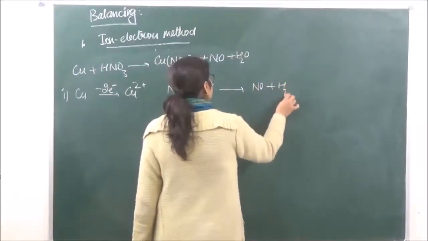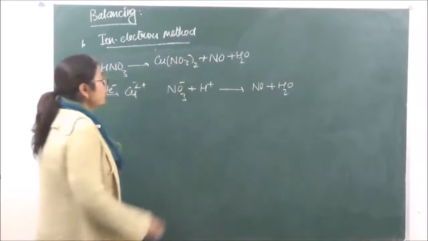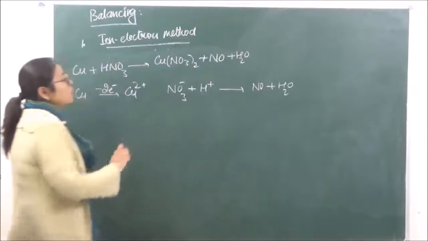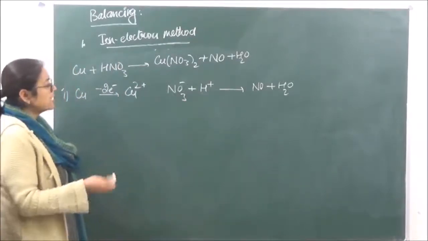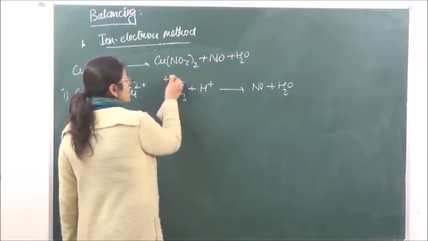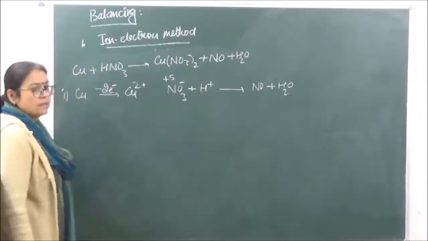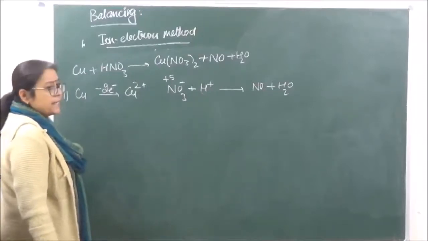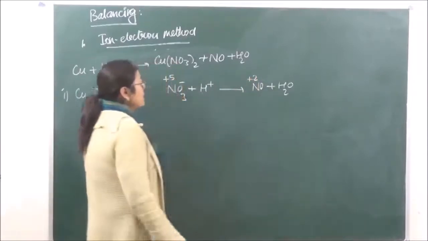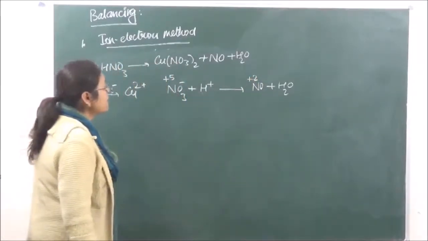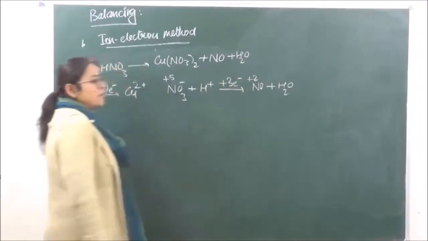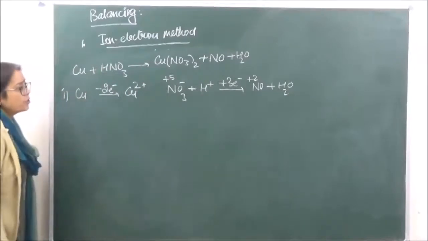Now over here, let's say how many electron exchanges are taking place. The oxidation state of nitrogen in this case is +5. Okay? And what is going to be the oxidation state over here? That is going to be +2. So how many electrons exchange is taking place? There are +3 electrons.